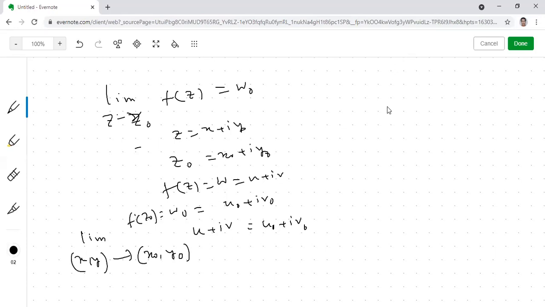Say here u and v, because whenever we are writing down f(z) as z square, if you segregate, write down z equals x plus iy, we will be getting x square minus y square plus i into 2xy. So here both u and v are functions of x and y.